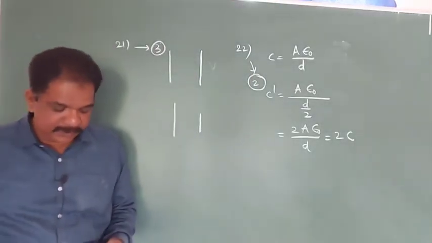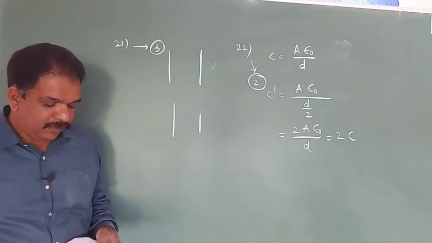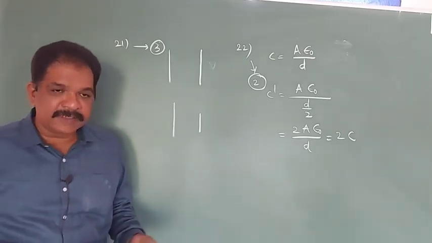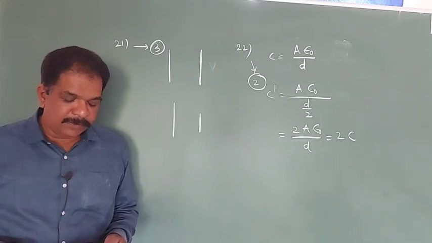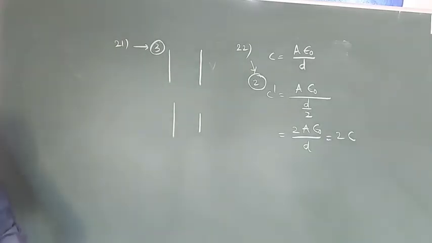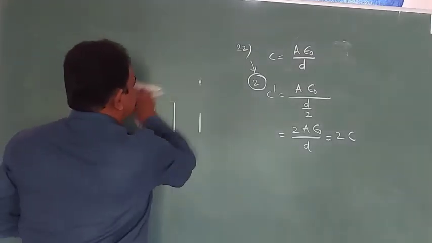Clear? Next, 23, you see. The force of attraction between the plates of a parallel plate capacitor, the formula is Q square by 2 epsilon naught A K, if a dielectric is there.